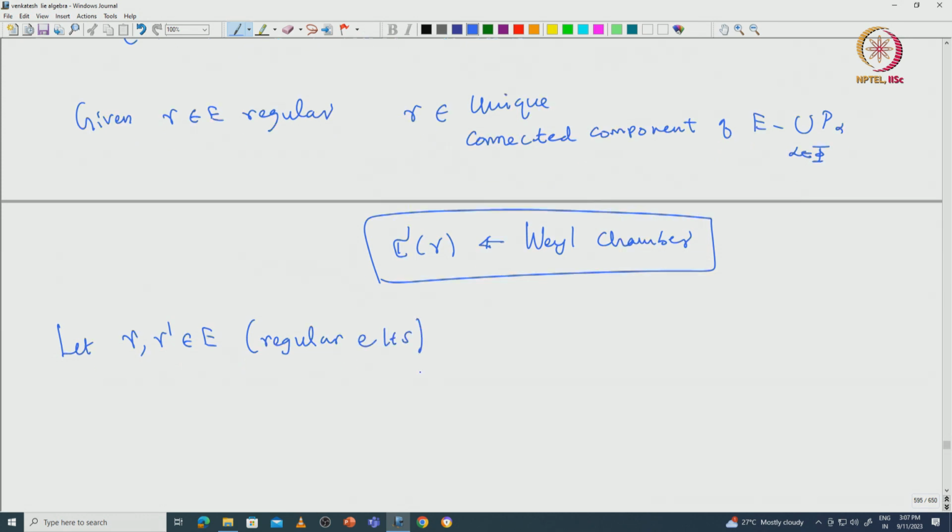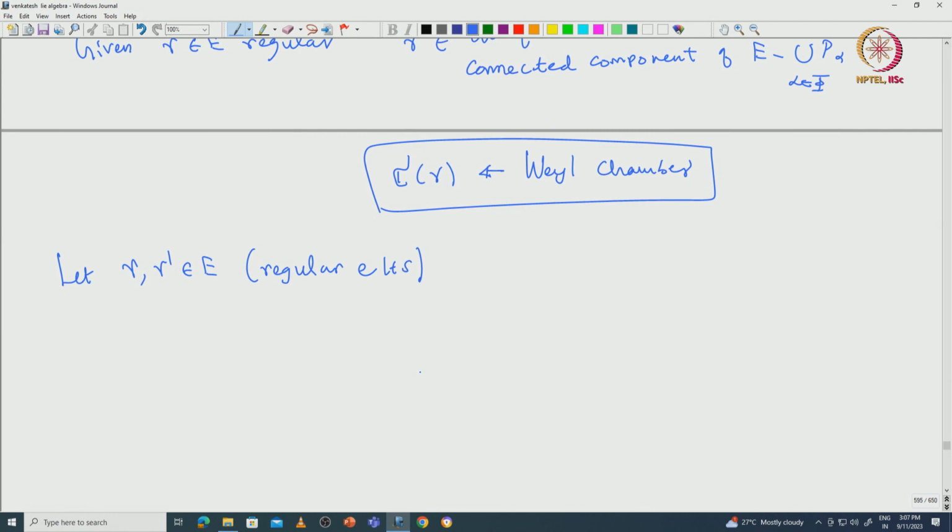Then assume that both of them lie on the same side of each hyperplane P alpha, alpha in phi.